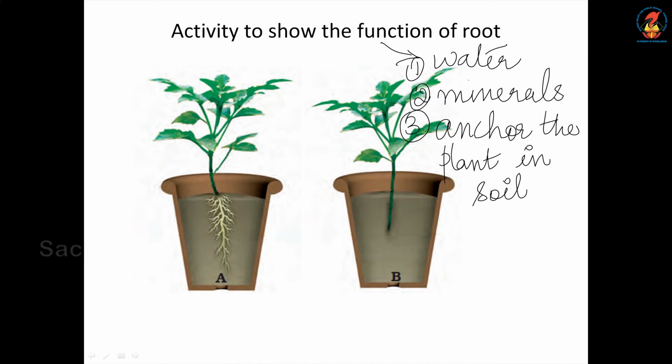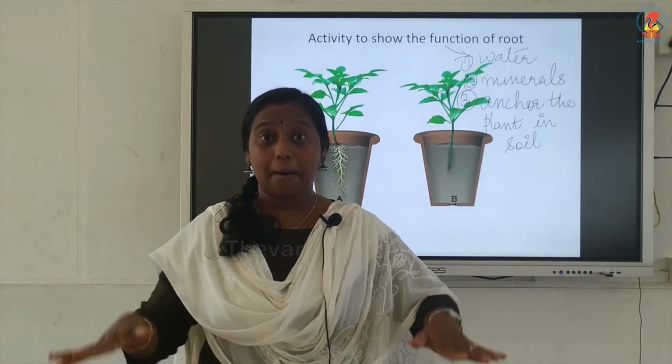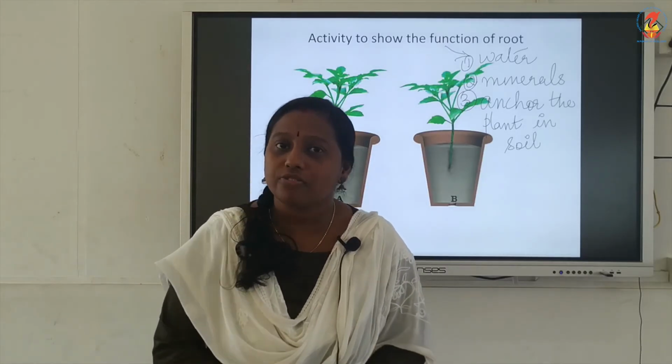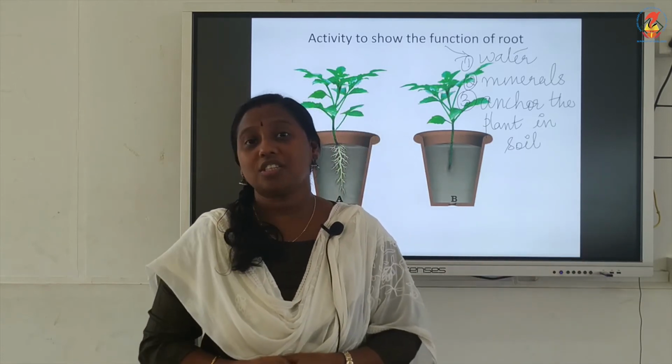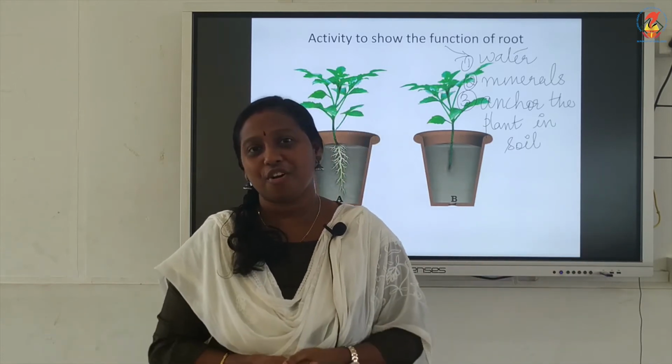The plant can firmly stand upright in the soil only because of this root, or else the plant will fall down fast. If the root is not healthy, the plant will definitely fall off.